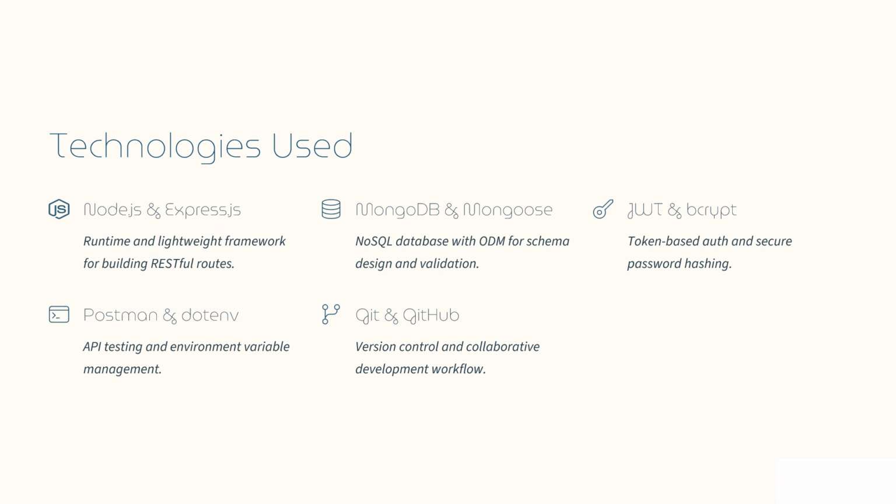JWT is used for secure token-based authentication and bcrypt is used to hash passwords securely. Postman is used for API testing, managing environment variables, and GitHub is used for version control and collaboration.